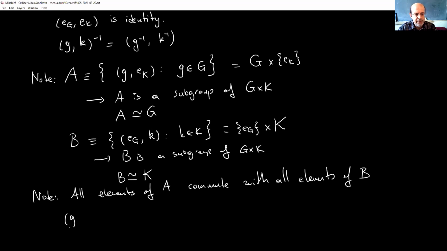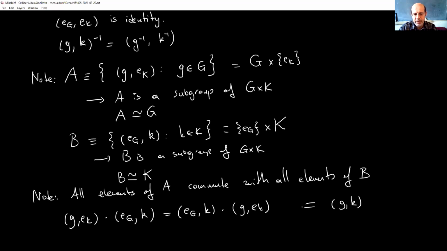Just take an element from A and multiply it with an element from B. That's the same thing as the product in the opposite order, because in both cases I'm going to get this tuple, which is basically an arbitrary element of the direct product group.